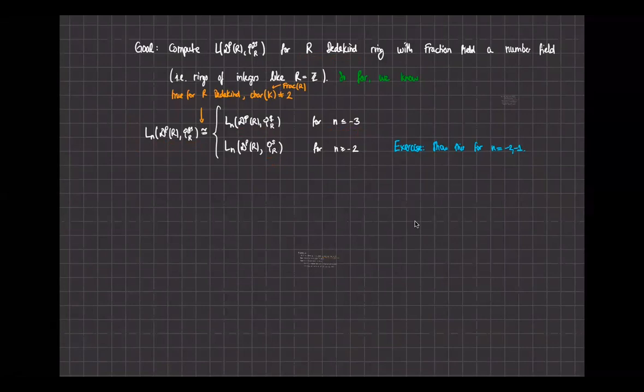For n less than or equal to -3, there are quadratic L groups, and for n greater than or equal to -2, there are symmetric L groups. For this to be absolutely correct, maybe we should assume that the fraction field of R in this case is not of characteristic 2.